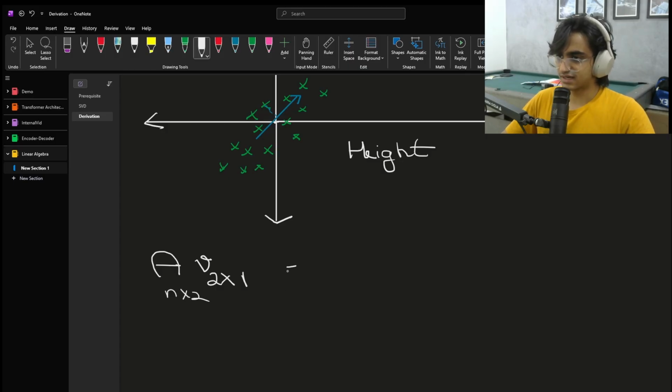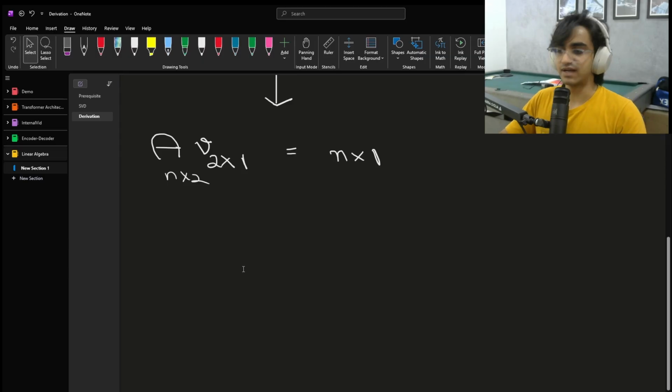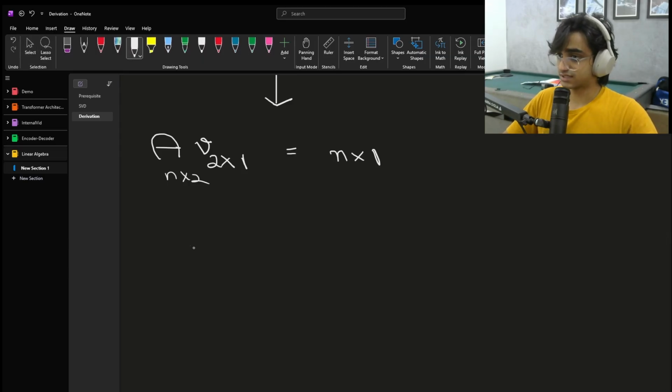So our result is an n cross 1 vector of these projected points. Our goal is to find a vector such that we maximize the length of this vector. Why do we want to maximize the length of AV?